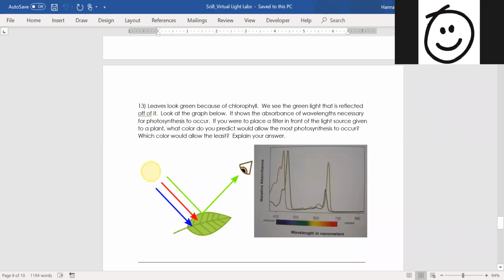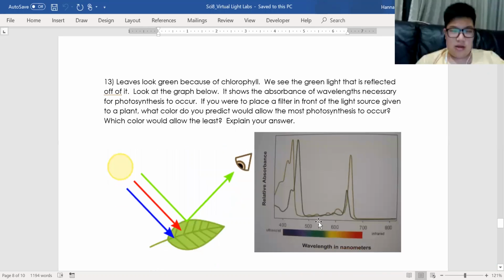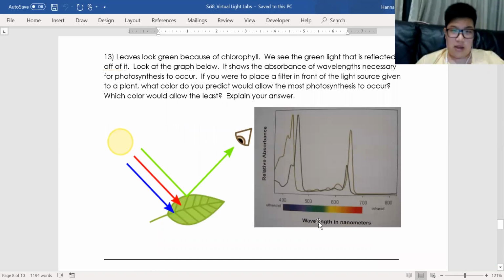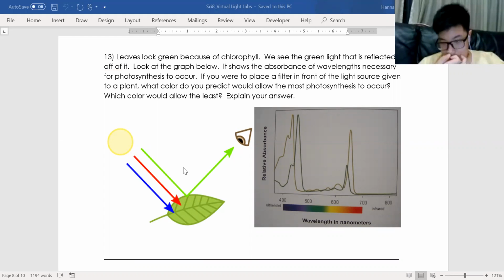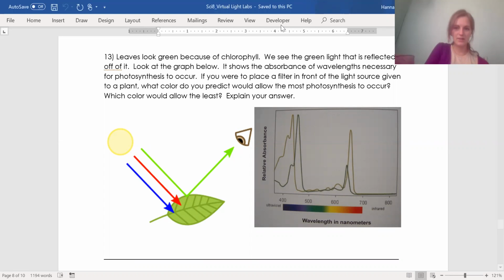Wait, is that the reason why, if someone wanted to make an indoor greenhouse, they use blue light? Yeah, kind of, because it needs a lot of that blue light, right? So let's imagine you put a green filter right here.